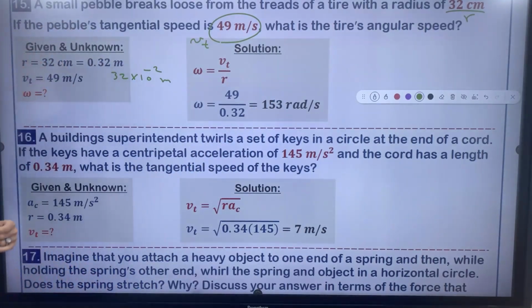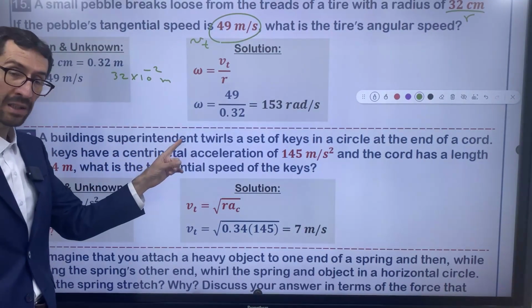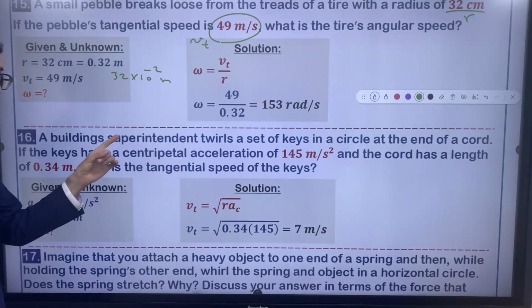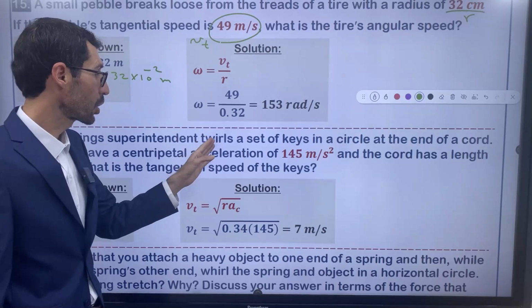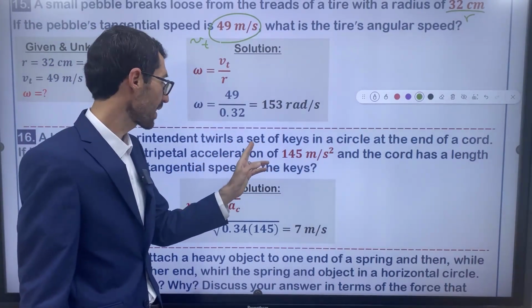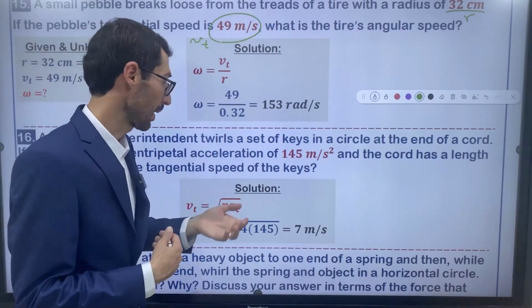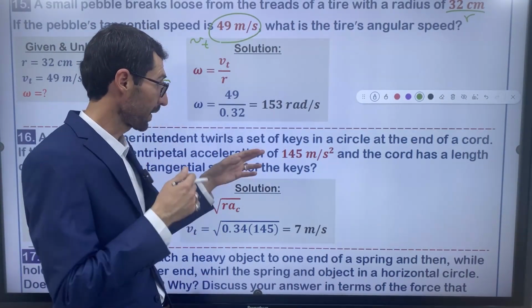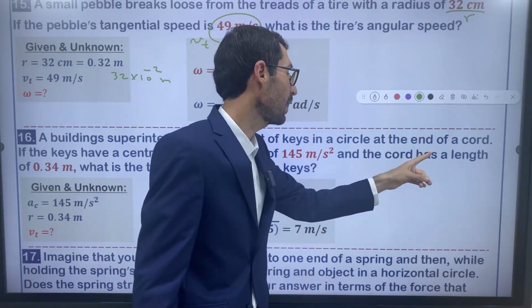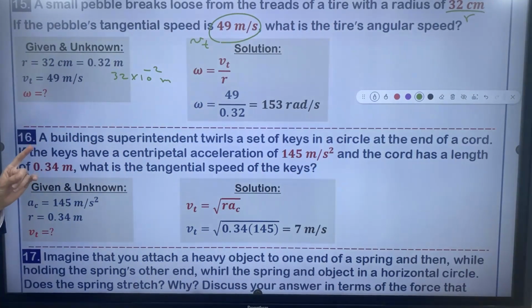That's it. Question 16. A building superintendent circles a set of keys in a circle at the end of a court.